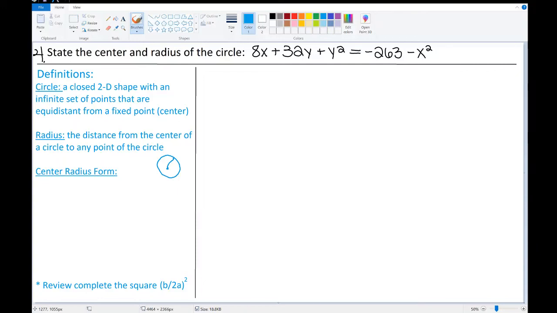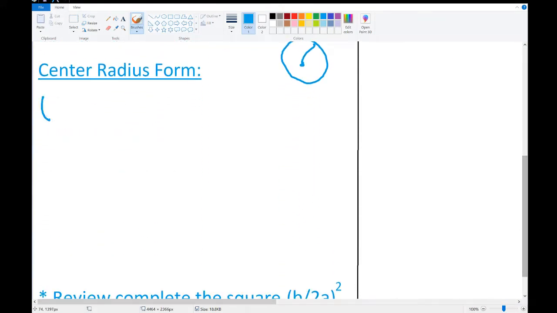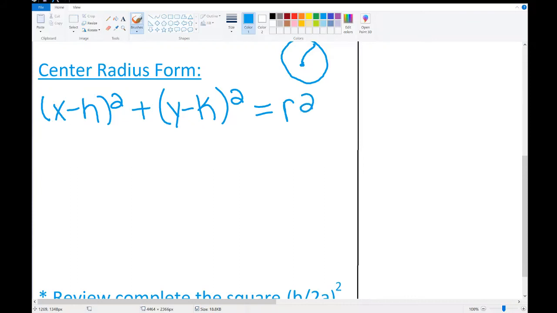Now, to write an equation of a circle, we have center radius form. You could either do standard form or center radius form, but today we're going to work with center radius form. And that looks like this: the quantity x minus h squared plus the quantity y minus k squared equals r squared.